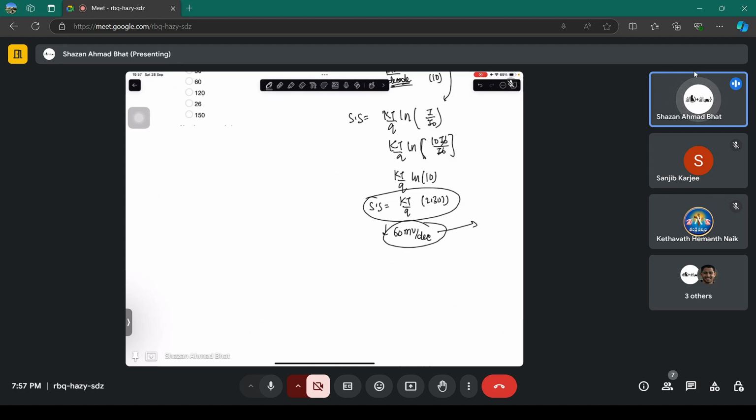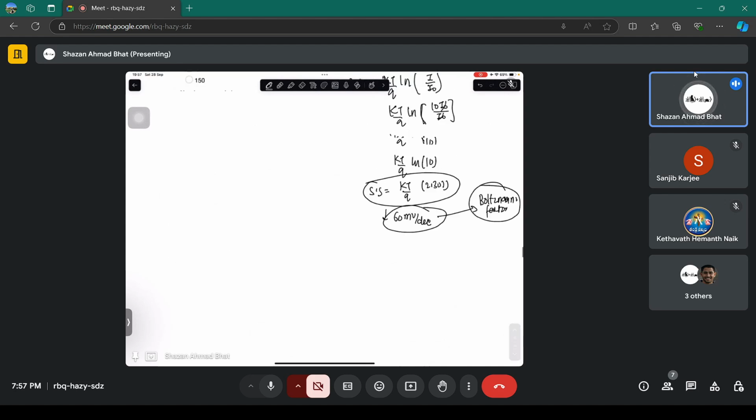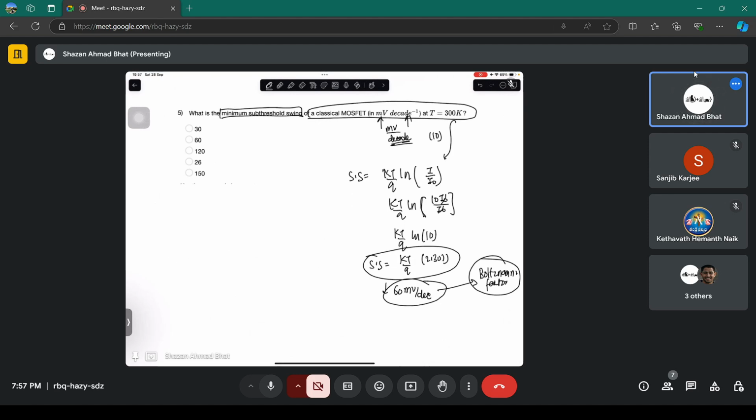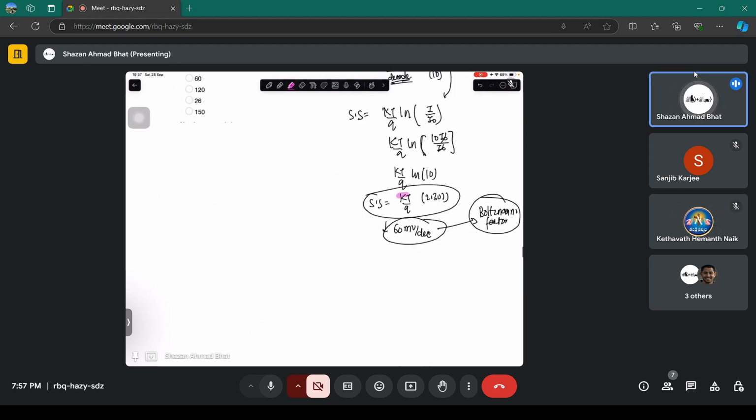And this is basically set by the Boltzmann distribution, the Boltzmann factor. It means that this is the minimum change in current which you will get by changing the gate to source voltage. You cannot get a value below this. You cannot get a faster change than this, and this is set by kT by q. That's why T equals 300 has been given.